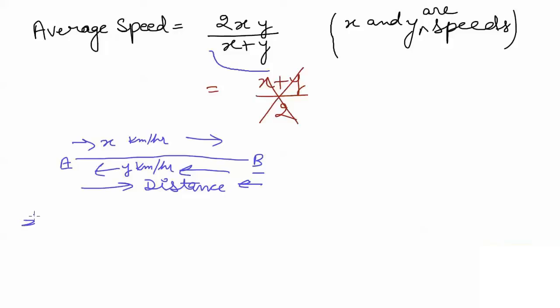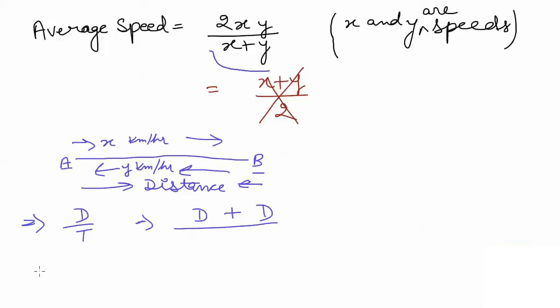The formula to calculate speed is distance over time. So in this case, what is the distance? Distance is the same from A to B and B to A, that is D. So D plus D. He covers this distance twice, once when he goes from A to B, and secondly when he comes from B to A. So the distance is D plus D. And what is the time taken?